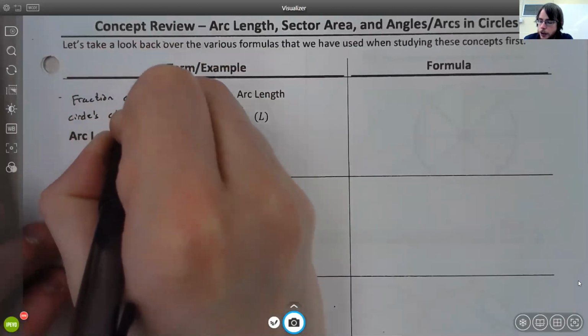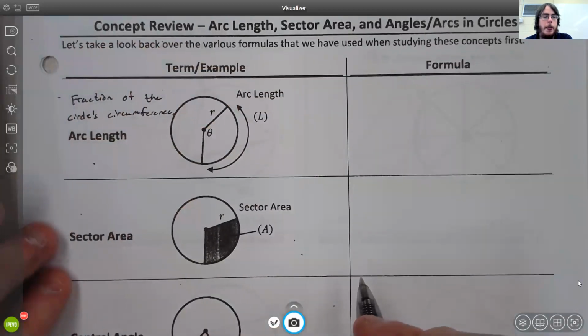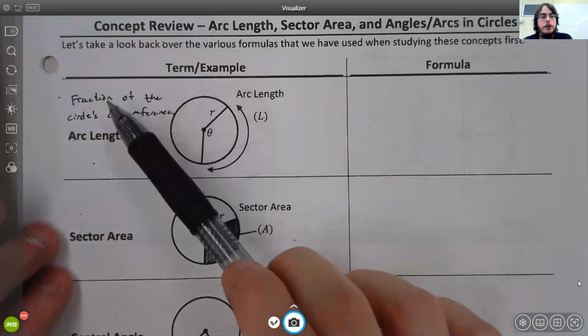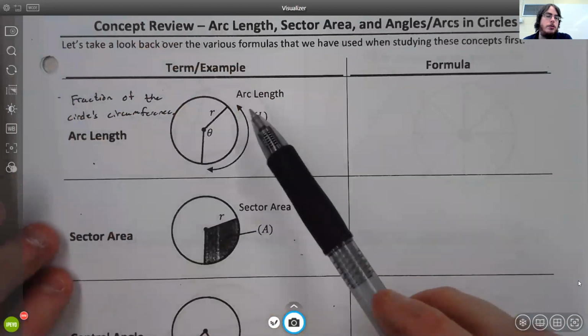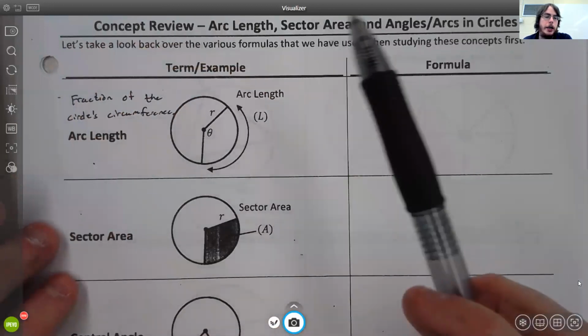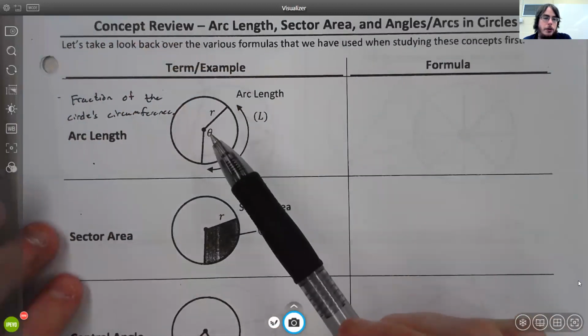So if we can figure out what the fraction should be of this circle for the circumference, then we have our arc length, and that goes for any given length around the circle, okay?